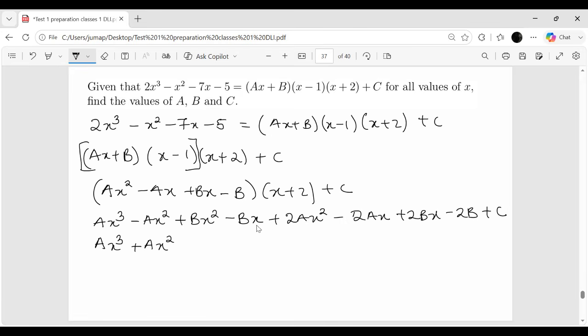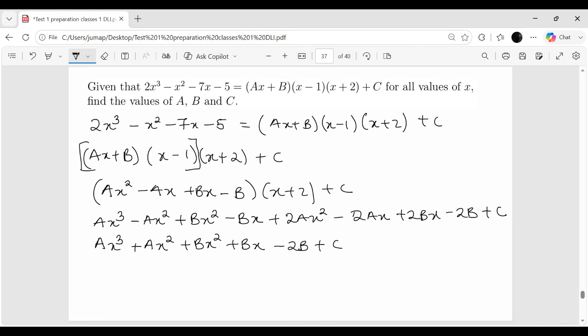Then bx doesn't, so I'll say plus bx squared. Then negative bx plus 2bx is going to be plus bx. Then I will have minus 2b plus c.